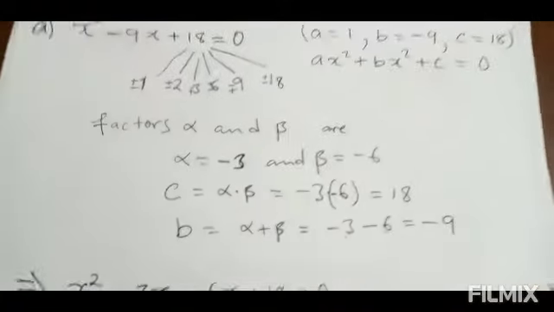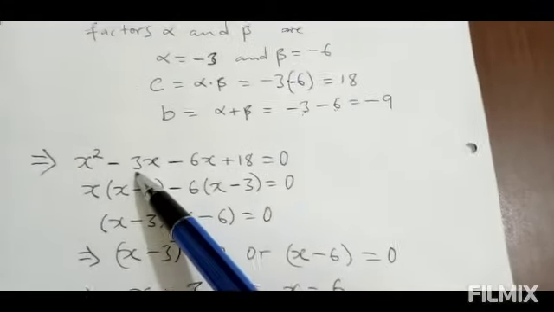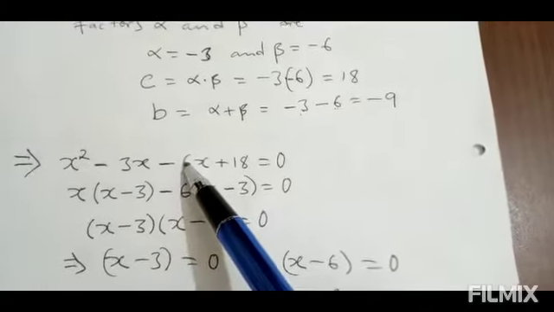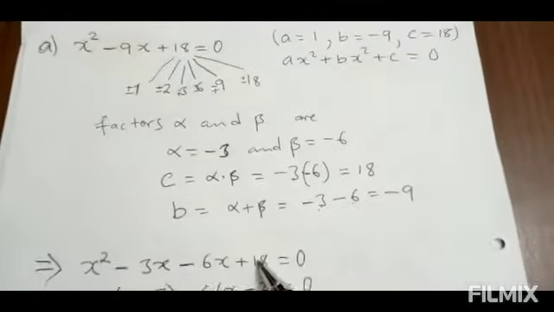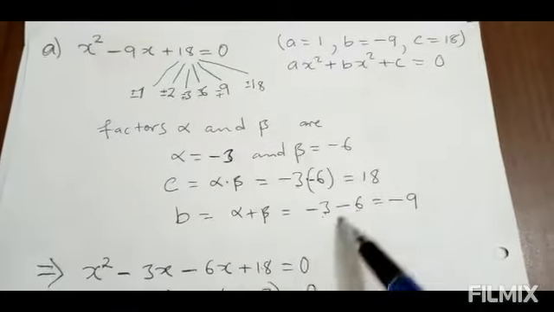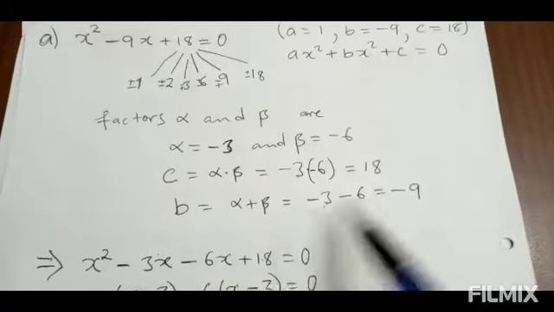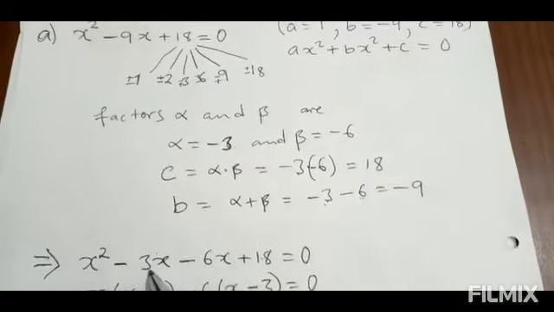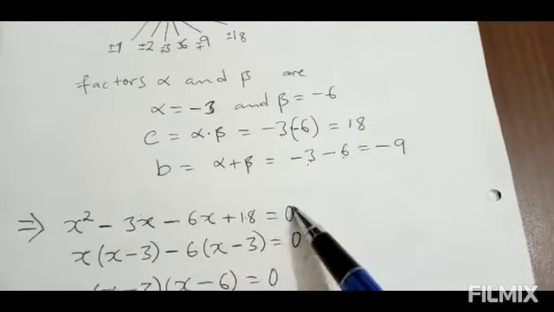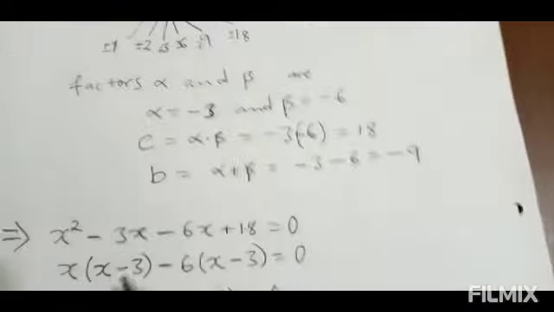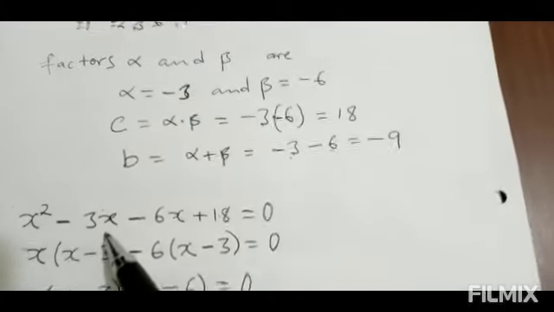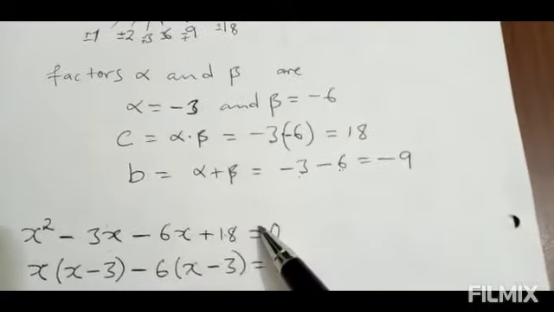So we come here to the equation. x squared minus 3x minus 6x plus 18 is equal to 0. Nothing changes here. Our first factor is negative 3, our second, negative 6. Surely when you do the operation, you get negative 9x.